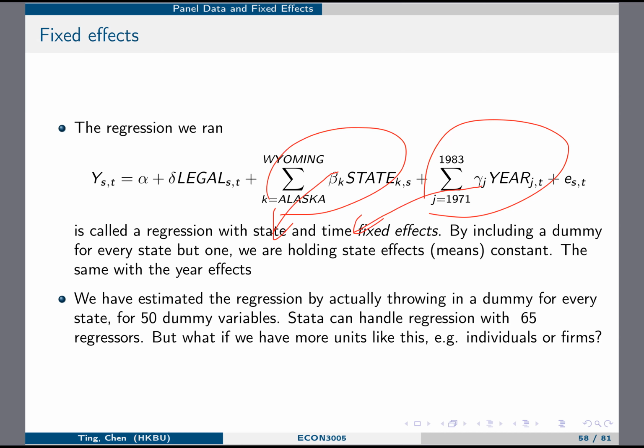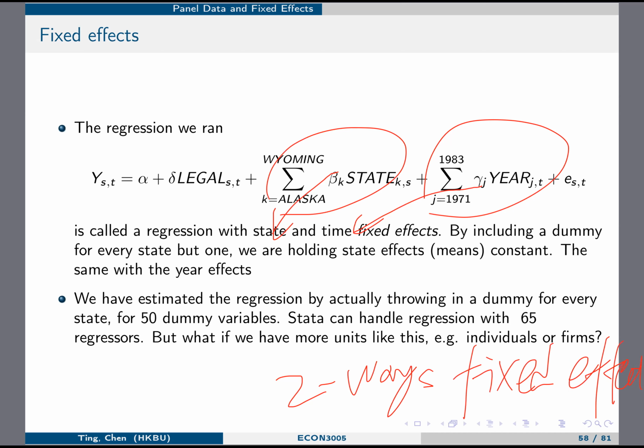That is why we call it a fixed effect. And because the data is in 2 dimensions, and we also add 2 dimensions of fixed effects, sometimes we also call this model the two-way fixed effects model. So we have estimated the regression by including a dummy for every state, 50 dummy variables.